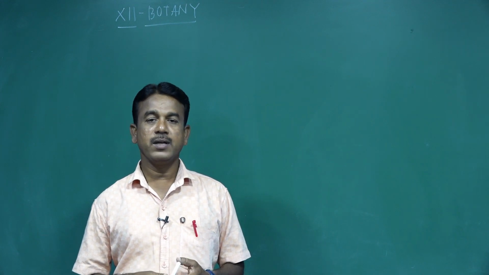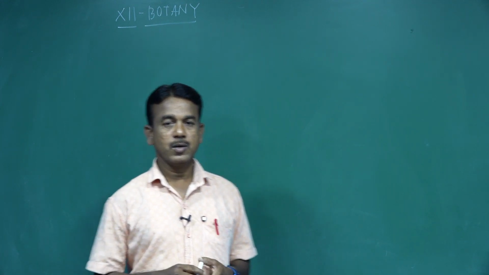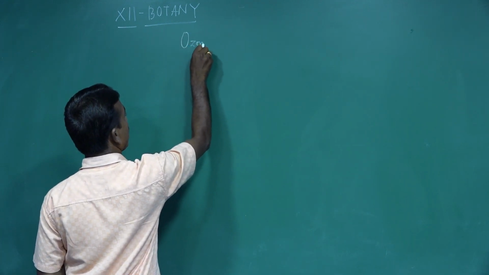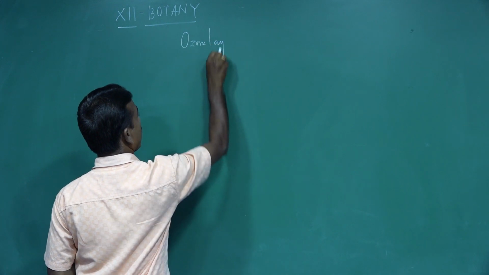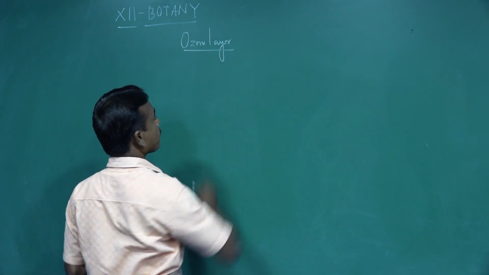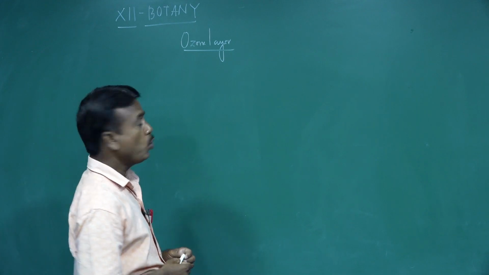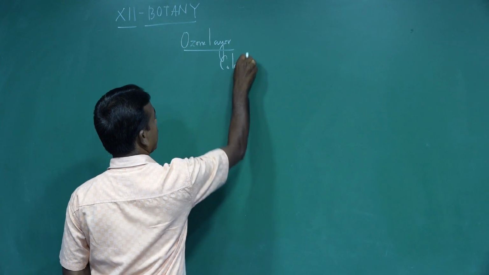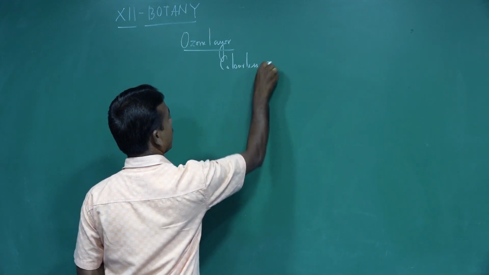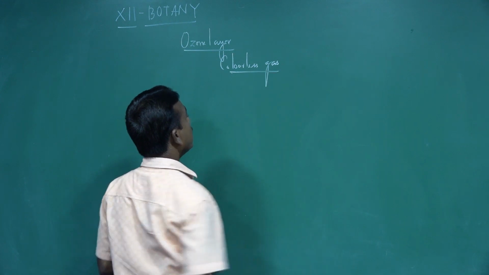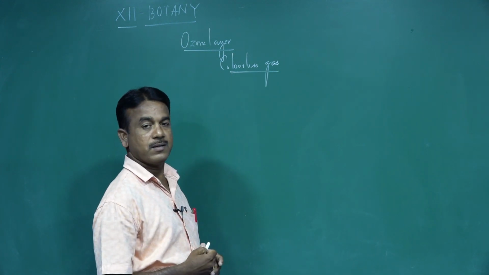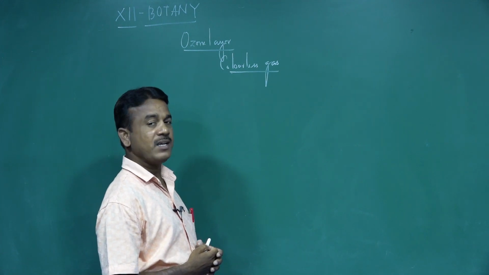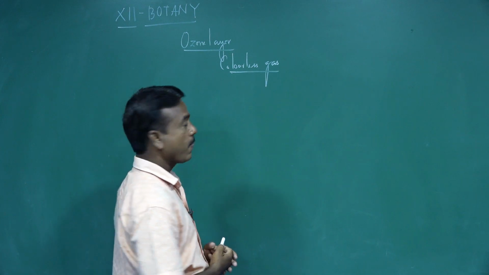For the continuation, today's class is on the ozone layer. Ozone is a colorless gas. We cannot estimate the perfect color of ozone, so we say it is a colorless gas.